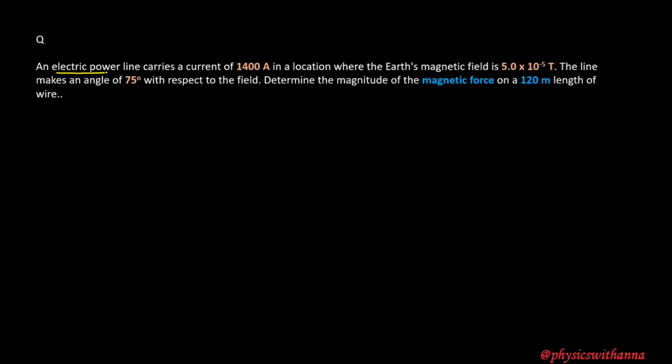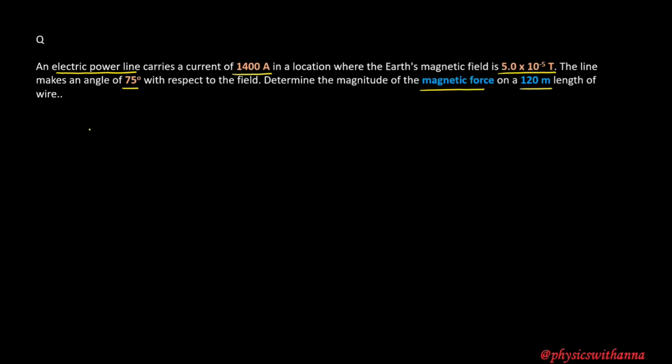Here we have an electric power line carrying a current of 1400 ampere in a location where Earth's magnetic field is 5 times 10 to the power negative 5 Tesla. The line makes an angle of 75 degree with respect to the field. Determine the magnitude of magnetic force on a 120-meter length of the wire.